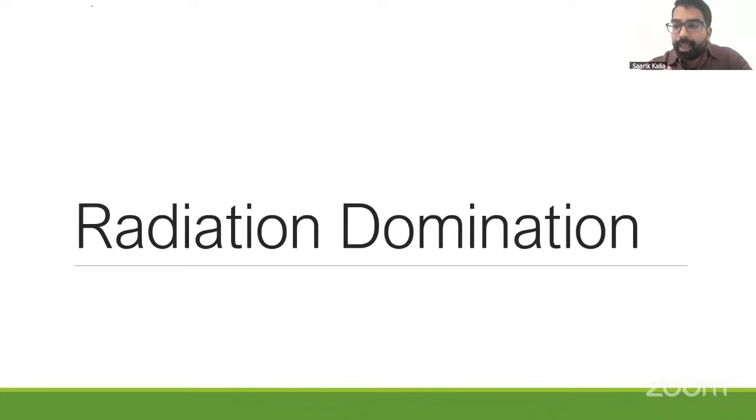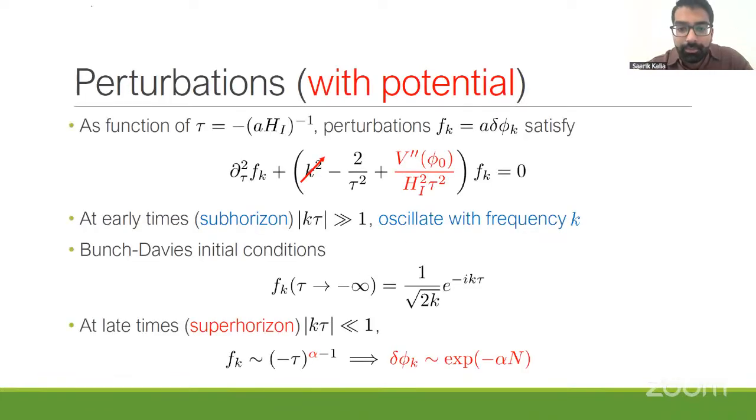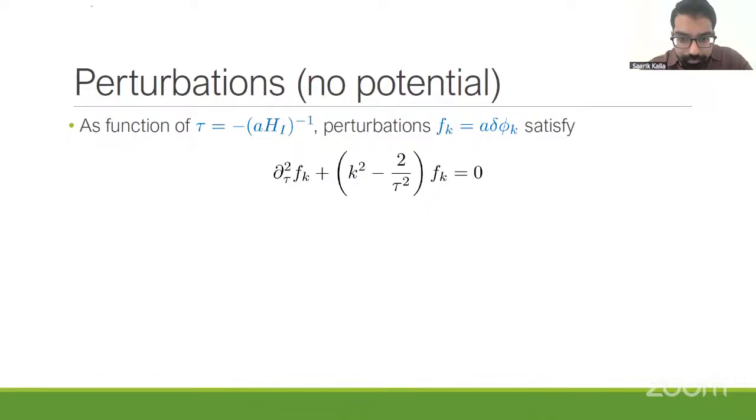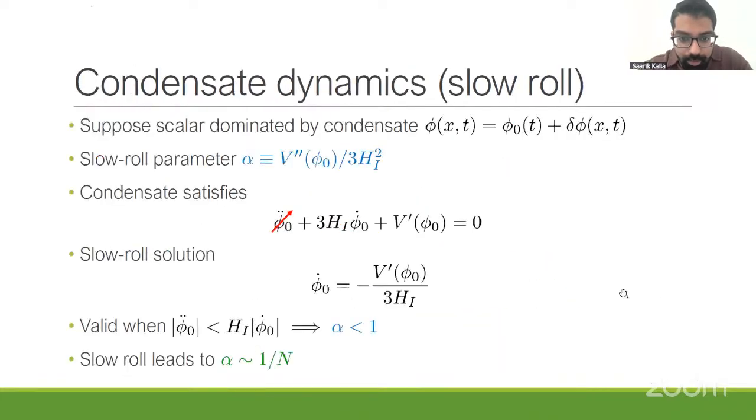So my calculations have assumed that there's a fixed Hubble, but in principle, you can also take into account a varying Hubble as well. In fact, if I go back to here, when I derived this slow roll condition alpha less than 1, I derived that by doing this comparison. Basically, when you take the second derivative here, I was acting the second derivative on the top here, which gave me a V double prime.